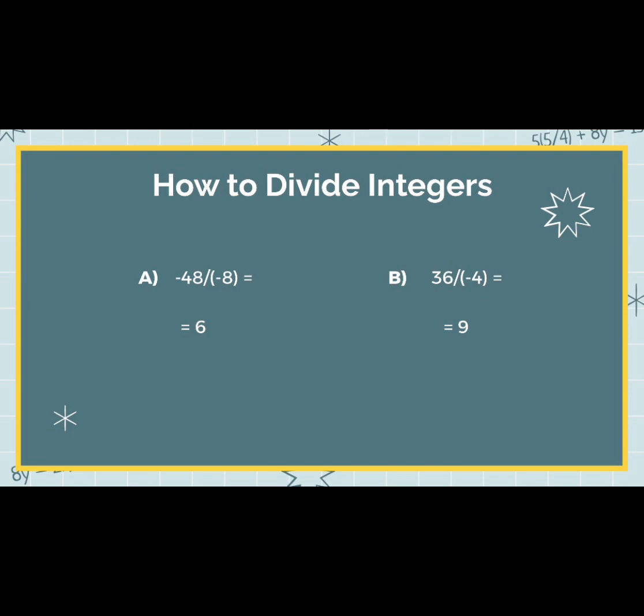For now, let's just think of this as 48 divided by 8, and what that quotient will be. 48 divided by 8 is 6, and now we need to determine if our quotient is positive or negative. Anytime we have the same signs in our original problem, our quotient is positive. So negative 48 divided by negative 8 equals positive 6.